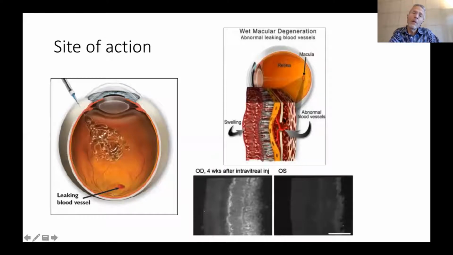So this is a diagram of an eye, obviously, and this is the retina in a patient that's developing wet AMD. Here's the neural retina. These cells are the RPE cells. This is Bruch's membrane, a basement membrane upon which the RPE cells sit and provide the outer retinal barrier to the retina.